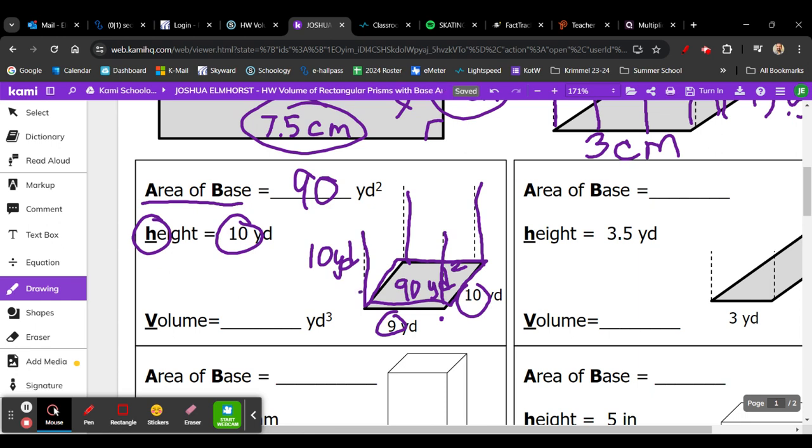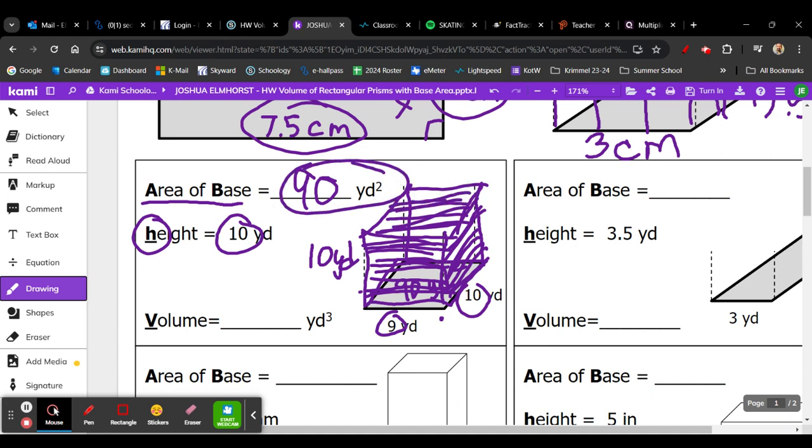We're not going to do all the 10 layers, but we close in the top and we have 1, 2, 3, 4, 5, 6, 7, 8, 9, 10. And this would go on, so on and so forth, filling it all the way up with cubes. Mathematically, we're going to multiply the area 90 times 10, which is how many yards cubed? 900 yards cubed.